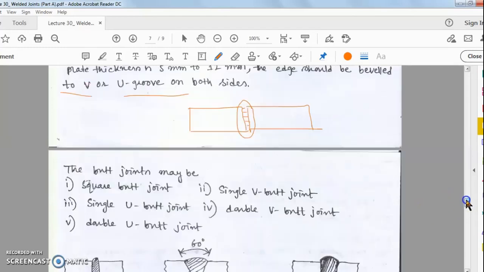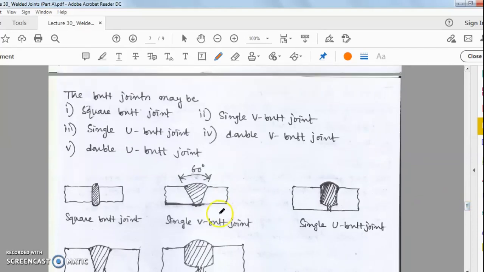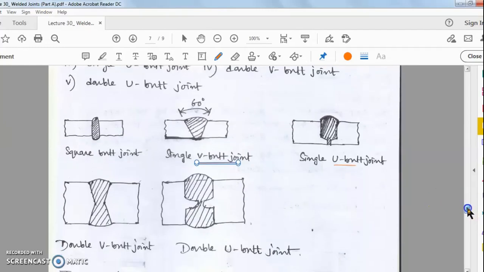Here you see in the drawing, in case of V-bar joint, this is beveled like V shape. In case of U-bar joint, it is beveled like U shape. So the plate thickness is 5 to 12 mm, and that is why it is beveled.